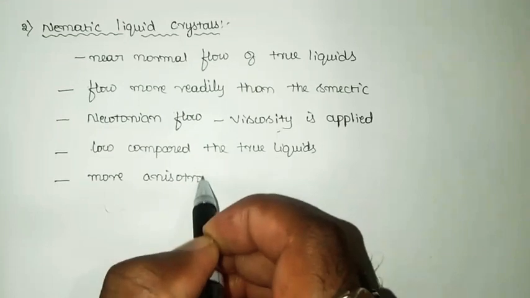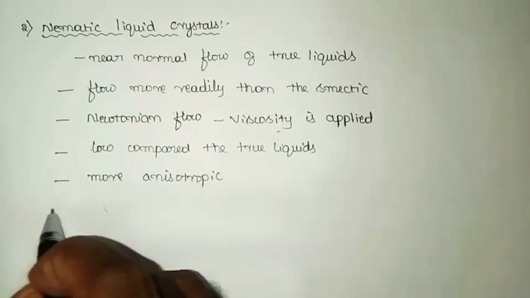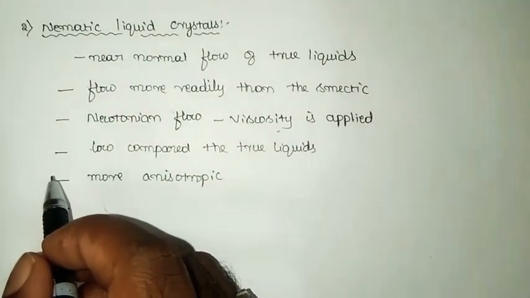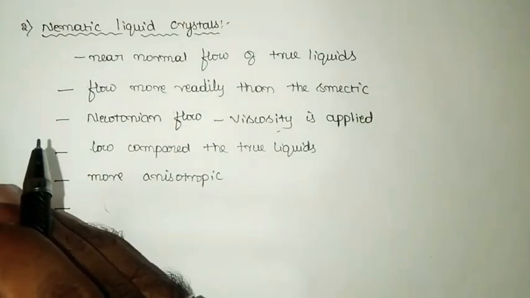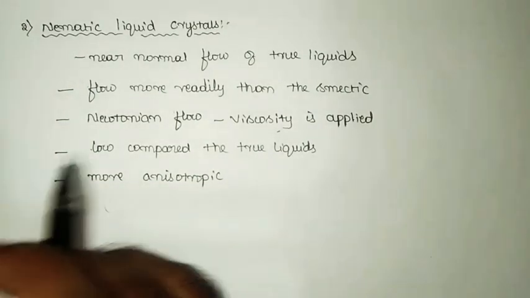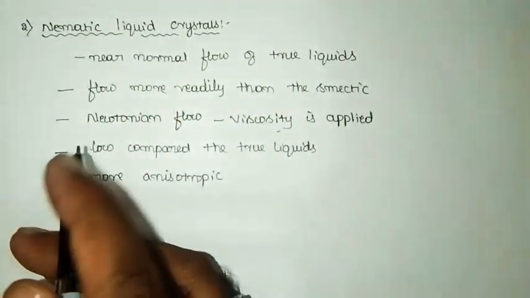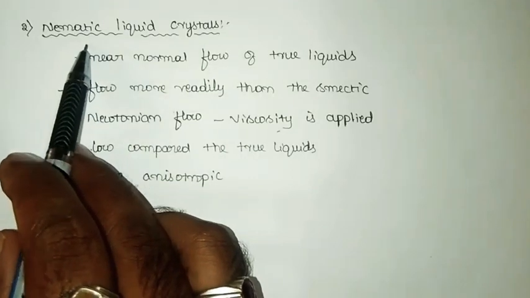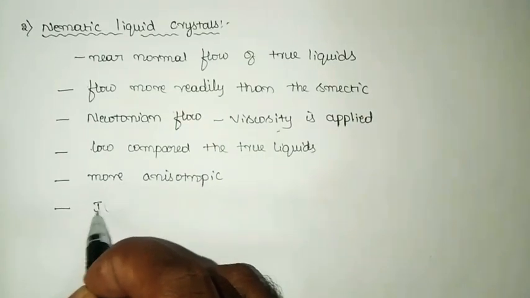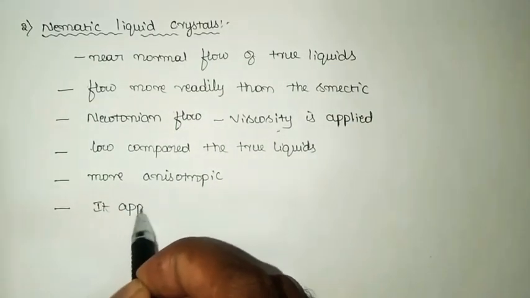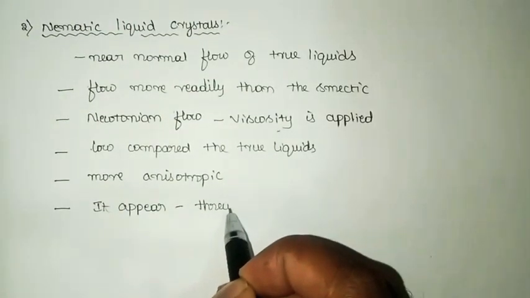We said smectic liquid crystals appear to have a fan-like structure when viewed through polarized light, and when you view a nematic liquid crystal through polarized light, it appears to have a thread-like structure.